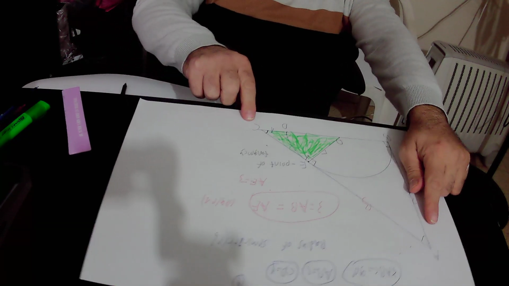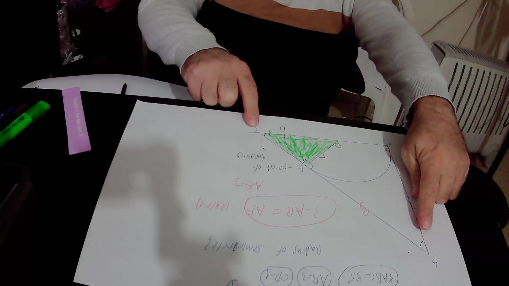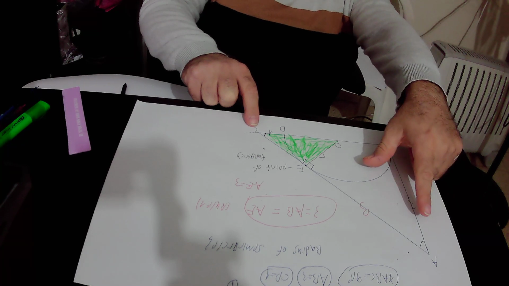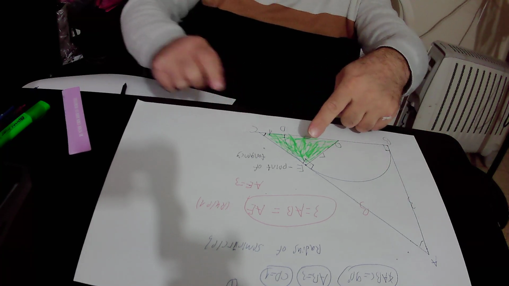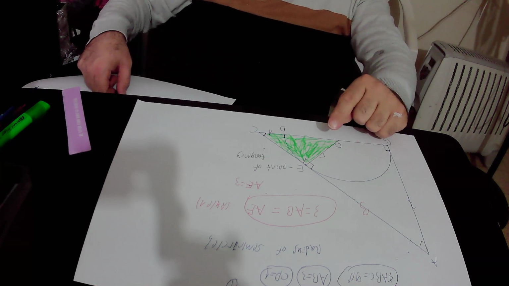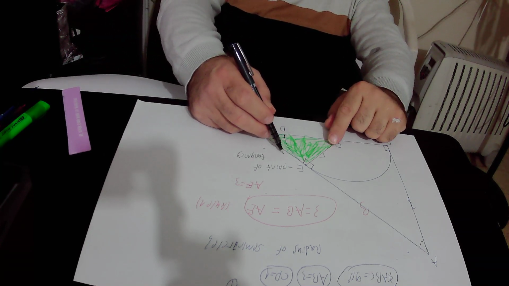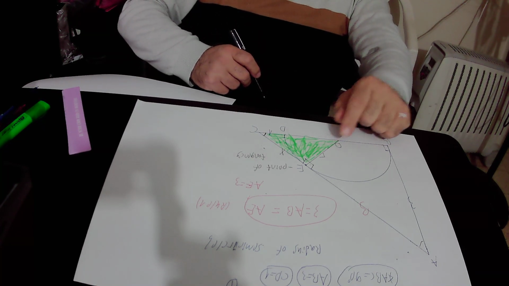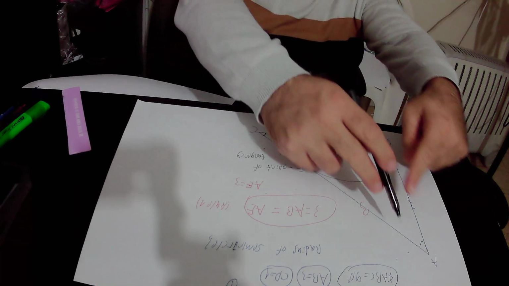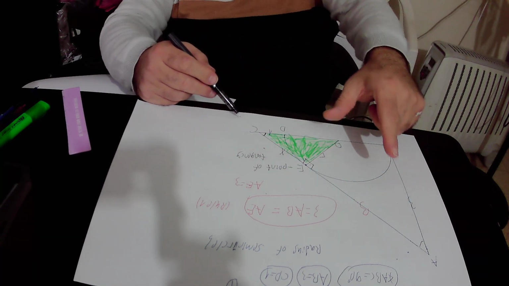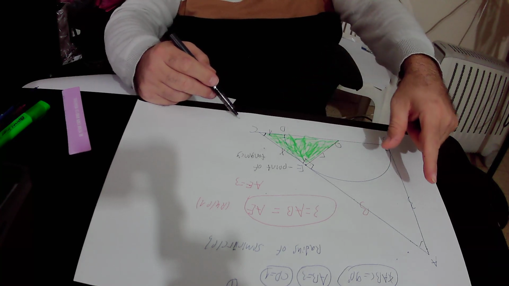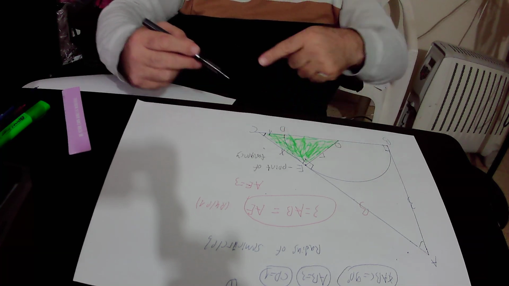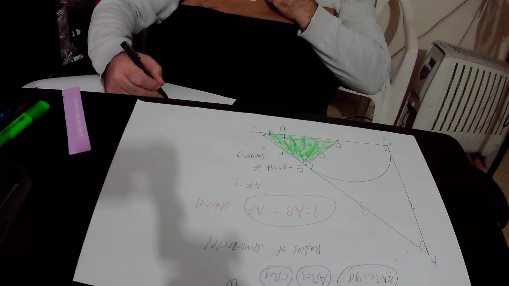As you can see from the drawing, AC, the hypotenuse of triangle ABC, equals 3 plus, here we will define EC as X. Therefore AC will be equal to AE plus EC, that is to say AC equals 3 plus X.